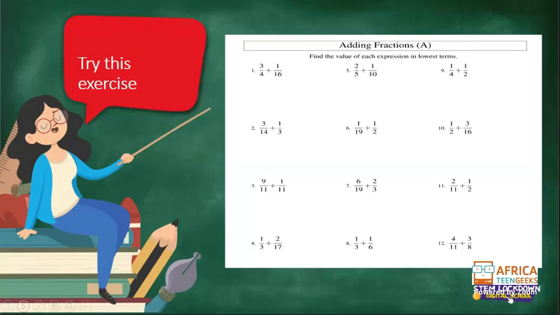So please look at your fractions carefully before you do any calculation. No, it's not 5 over 14. What is the lowest common multiple between 5 and 10?